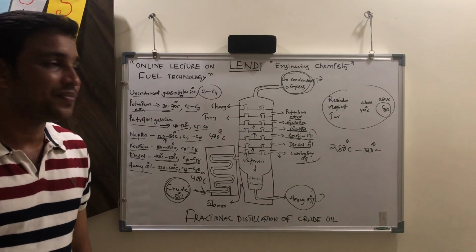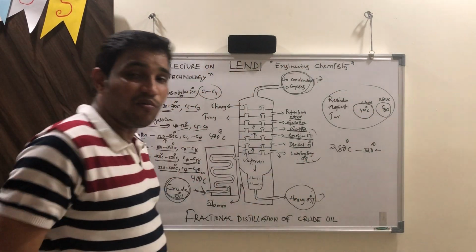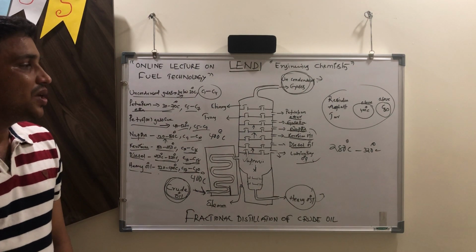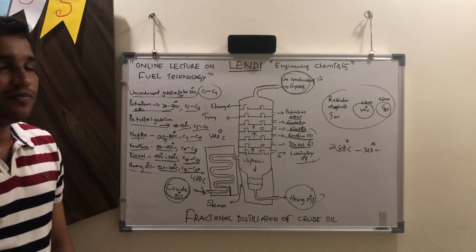The boiling point is about 400 degrees Celsius or more. So this is all about fractional distillation of crude oil.